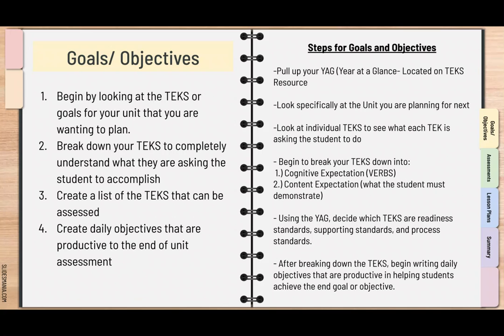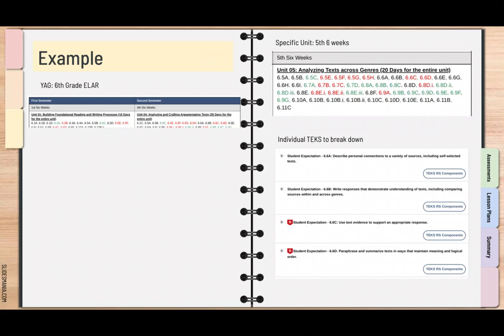Begin to break your TEKS down into the cognitive expectation, so that will be the verb of the TEK, and the content expectation, that is what the student must demonstrate. Using the YAG, decide which TEKS are readiness standards, supporting standards, and process standards. And after breaking down the TEKS, you're going to begin writing daily objectives that are productive in helping students achieve the end goal or objective.